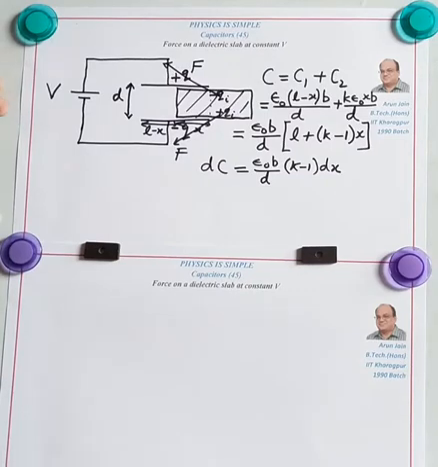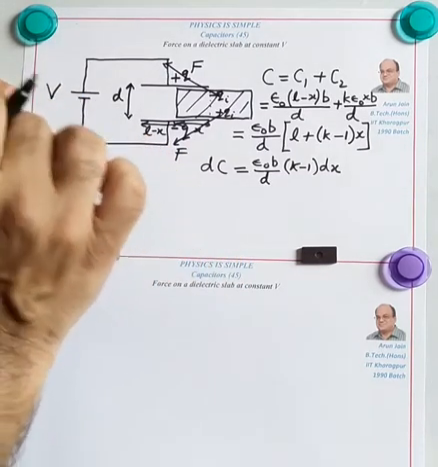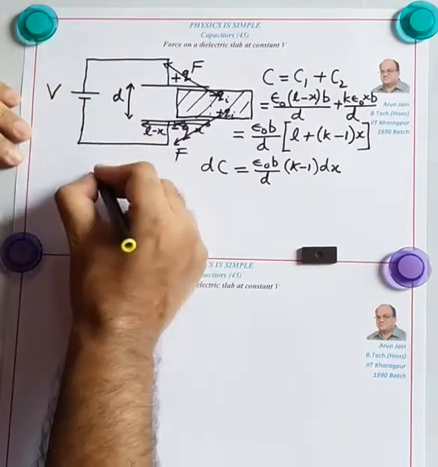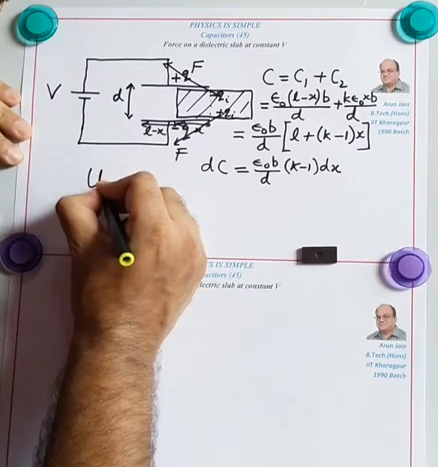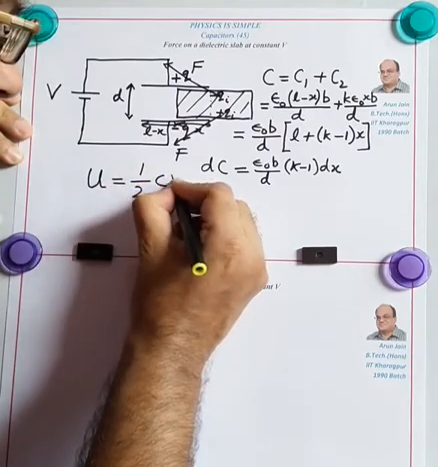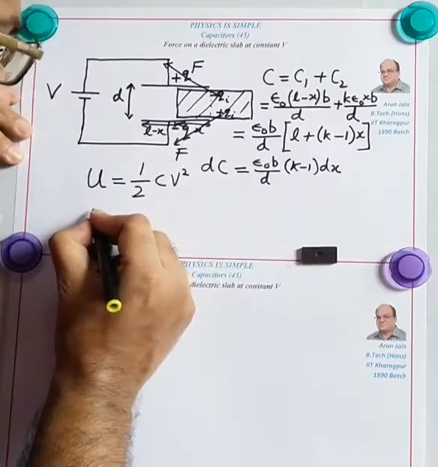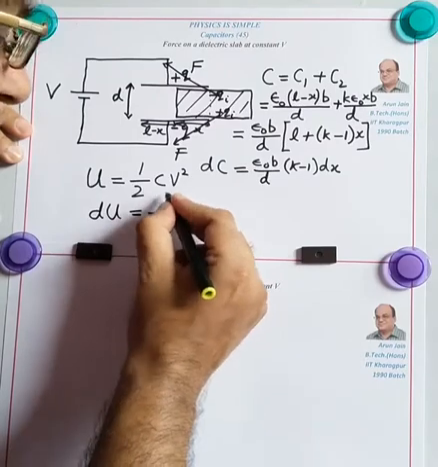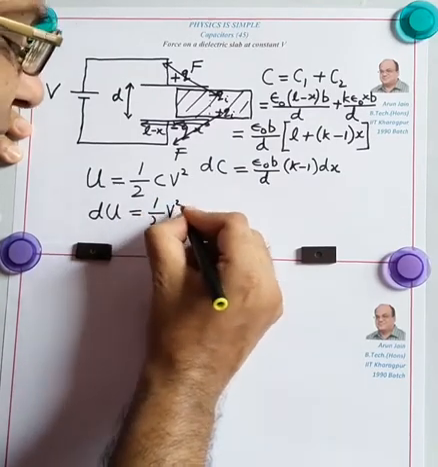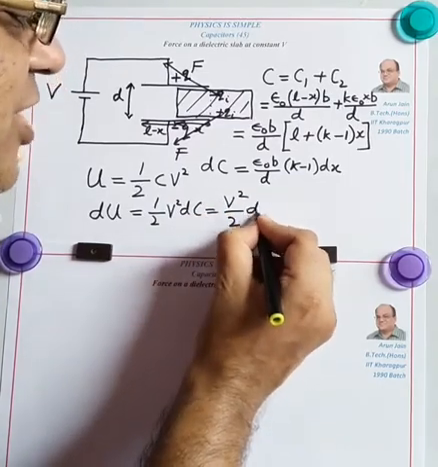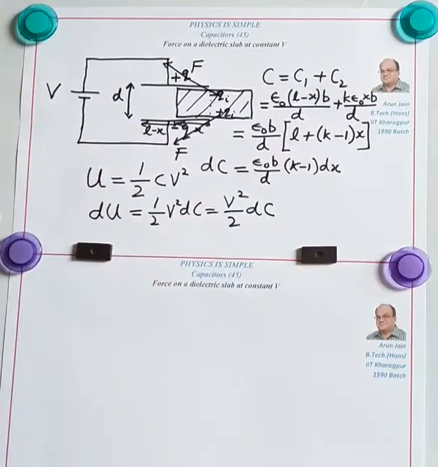Now the energy stored in the capacitor is given by half CV square. Here V is constant, capacitance is changing as the dielectric is going in. So potential energy will be half CV square. Therefore the change in potential energy dU will be equal to half V square dC, or V square by 2 dC. This is the change in potential energy as the dielectric goes in by dx.